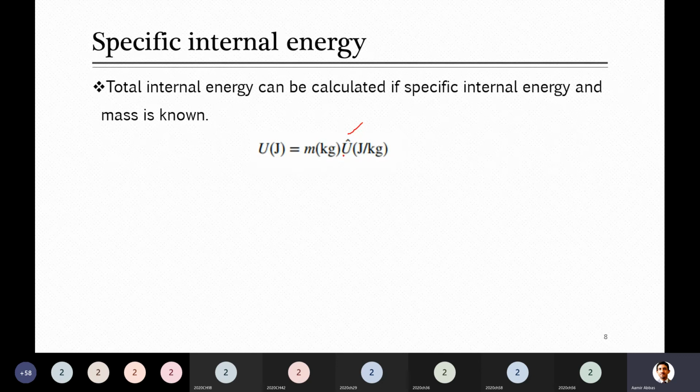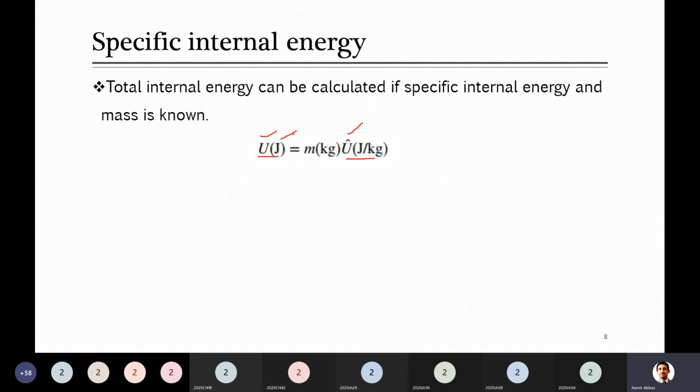So the specific internal energy will be equal to internal energy divided by mass. He has just rearranged this equation: if you are looking for the internal energy, you can find it by multiplying specific energy with its mass. The kg will cancel with the kg and you will get the answer in joule. Why are we concerned about specific internal energy?